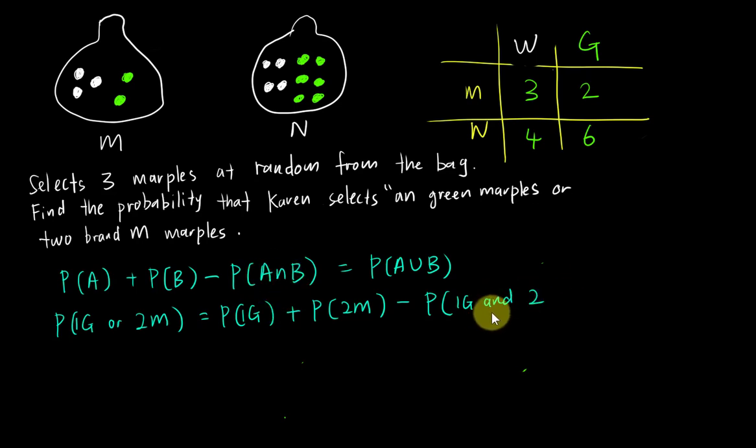Intersect over here means and, alright, 2M. Alright, but then because we know we need to choose 3 marbles, right? So basically like 1 green over here, you are not choosing 1 marble and then stopping there. You still need to get the 3 marbles, just one of them is green.